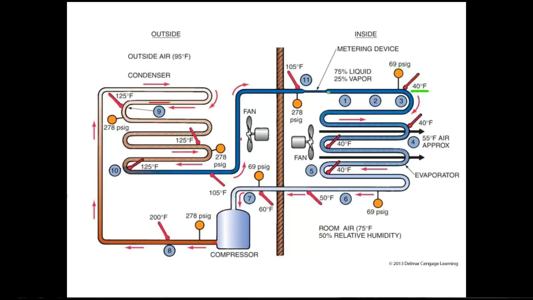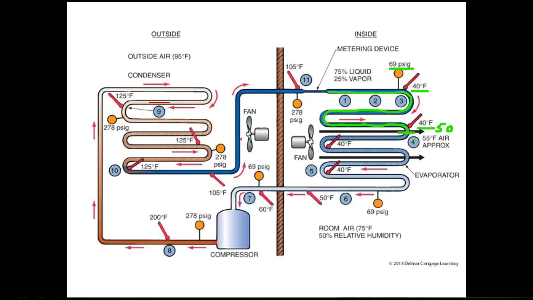And as this saturated refrigerant passes through the evaporator coil, it is starting to change state more and more, going from liquid to vapor, picking up more heat in the form of latent heat. Again, that's changing of state. And at this point, we're at about 50-50.